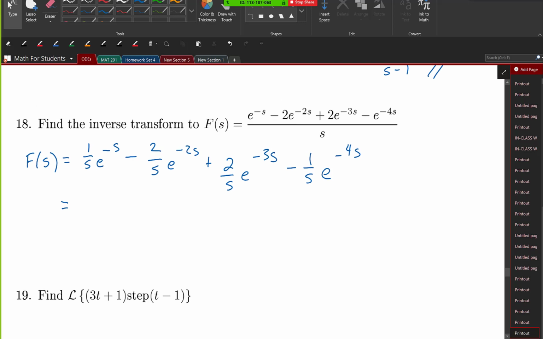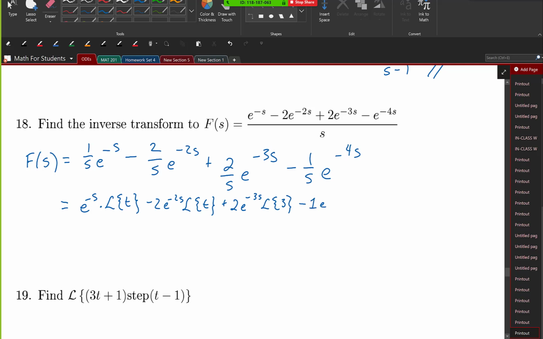So one way to look at this is e to the minus s times the Laplace transform of t, minus 2 e to the minus 2s times the Laplace transform of t, plus 2 over s times e to the minus 3s times the Laplace transform of... why did I put a 3 there?